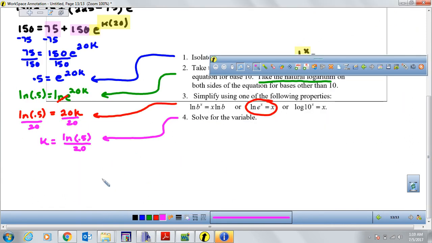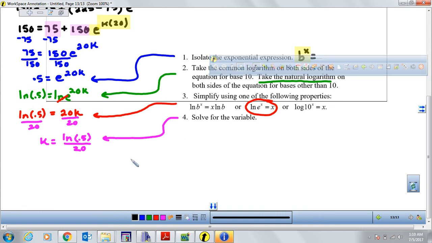So I'm going to rewrite my equation. Remember that we mentioned that on this formula, the 75 and the 150 are not going to change. So this is what my equation is going to look like. T equals 75, those are my constants, plus 150, another constant, times E raised to the K times T, where we already know K is the ln of 0.5 over 20.